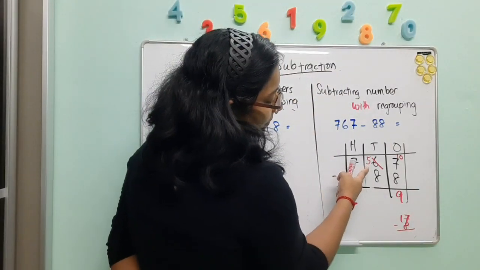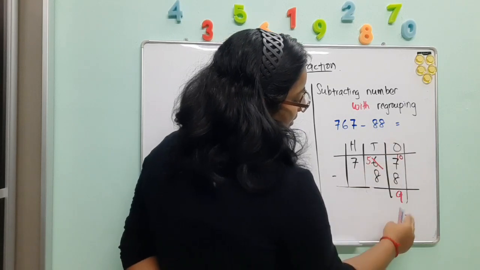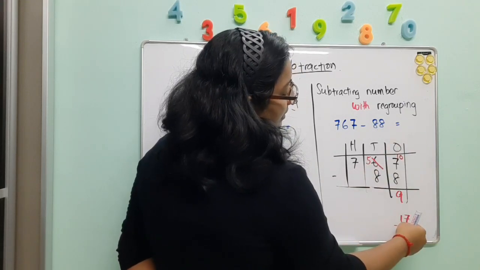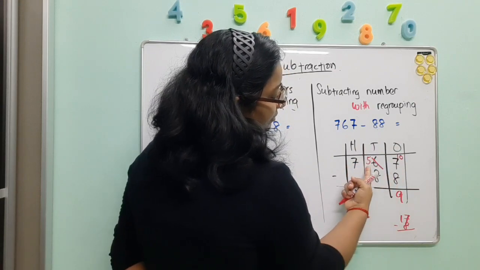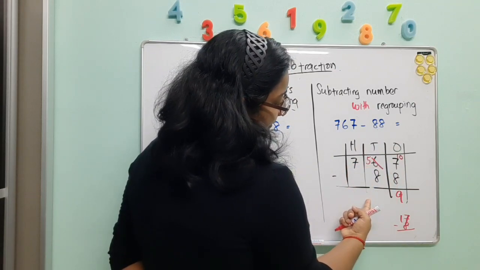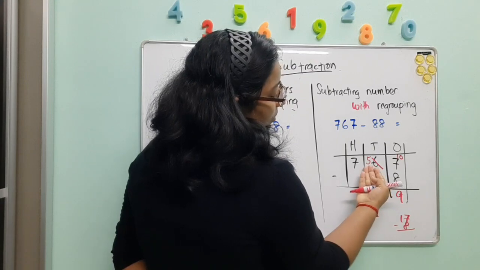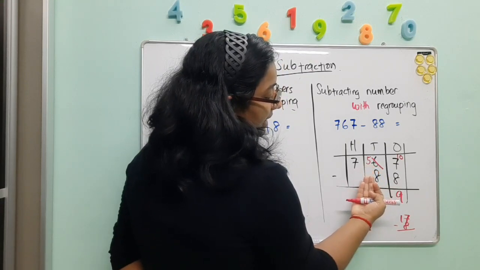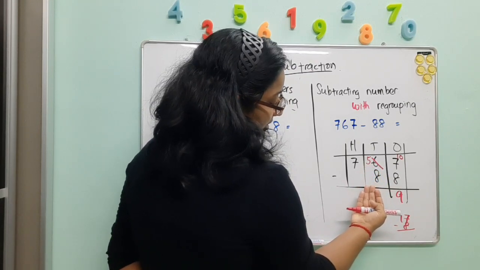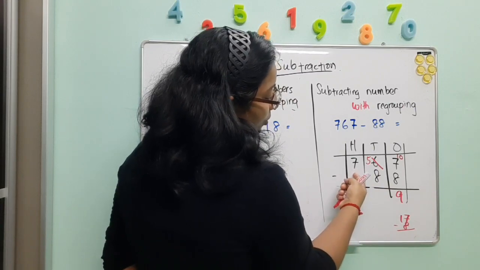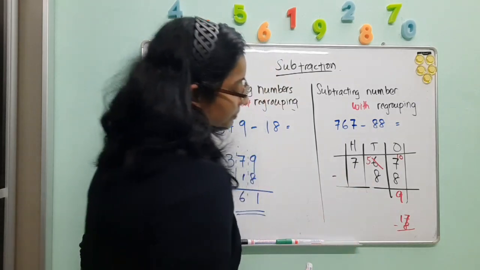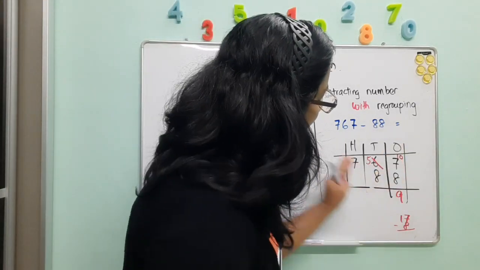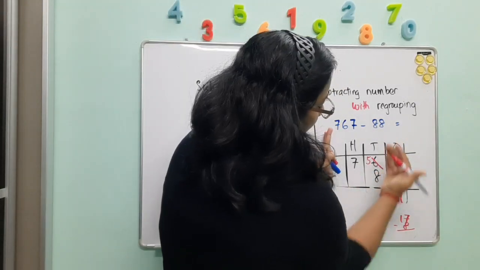Over here now, since we have solved this column, move on to the next column, 5 minus 8. So again 5 is less than 8. Now we're going to borrow again from the neighbor place value. So let's look at over here.